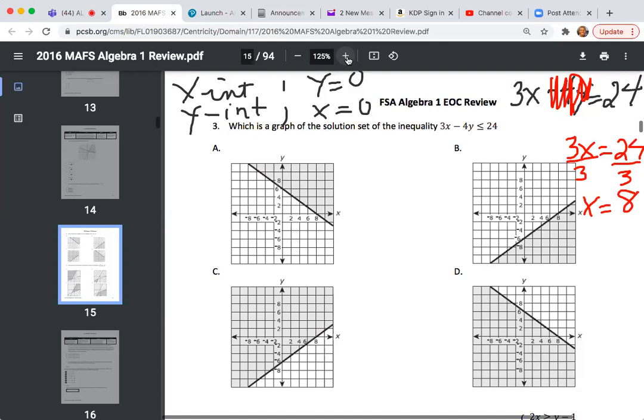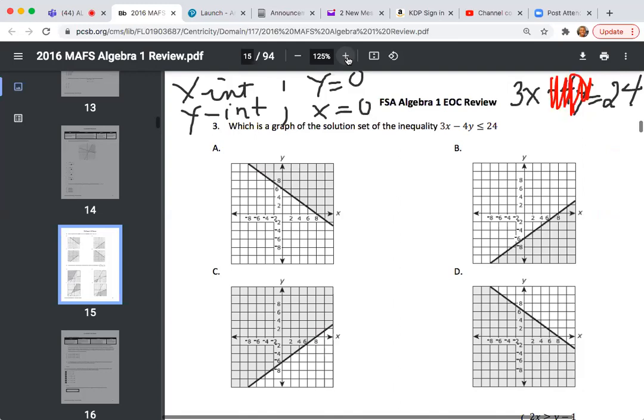Now notice all the graphs have an x-intercept at positive 8. That's not helping me. So now, let's go ahead and find the y-intercept next. This time, you're going to plug in 0 for x.